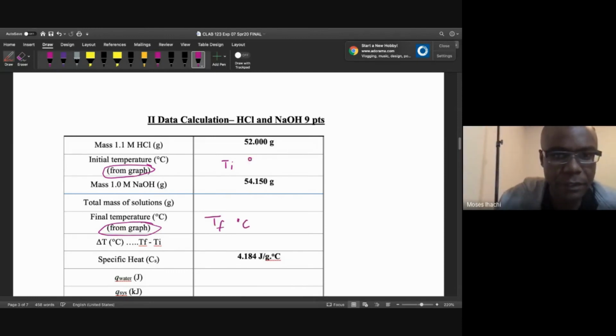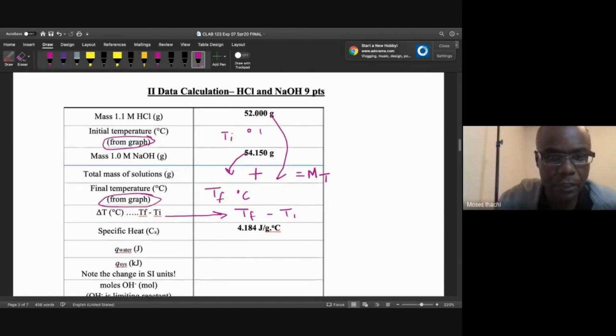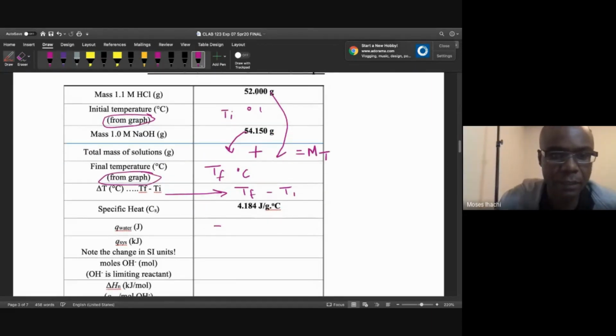And then here it's asking for the total mass. So you just add up these two. You get mass total. And then what else? This is the difference between TF and TI. And then you're given specific heat capacity.